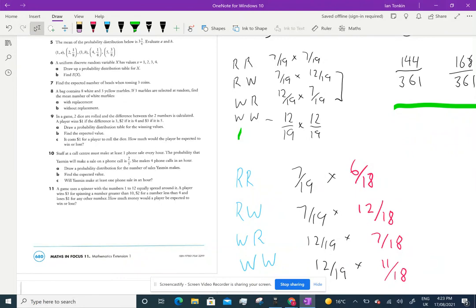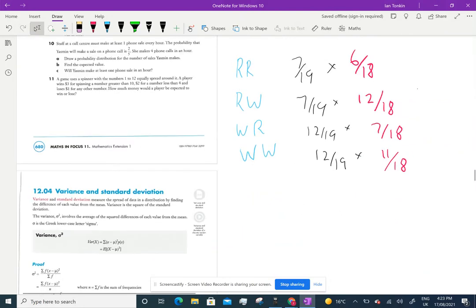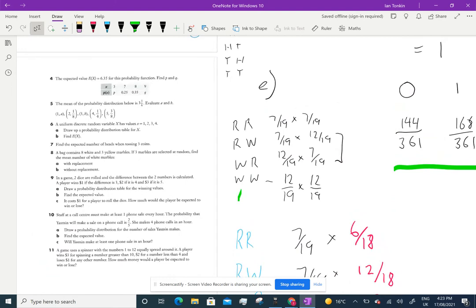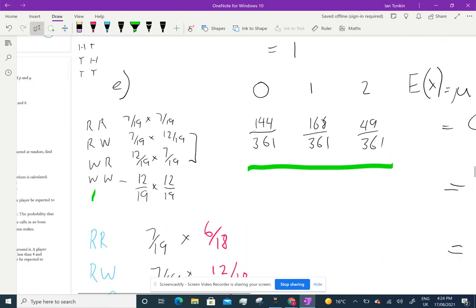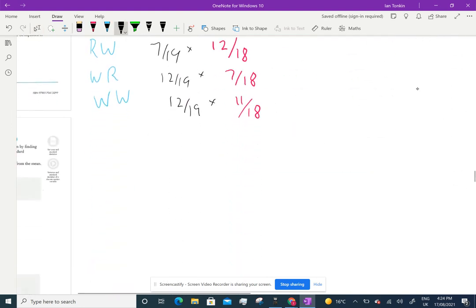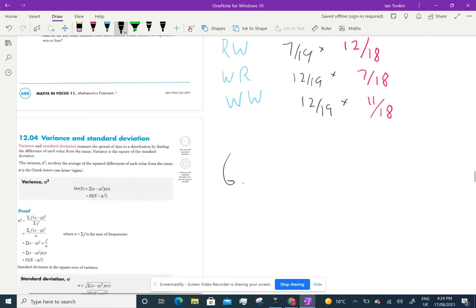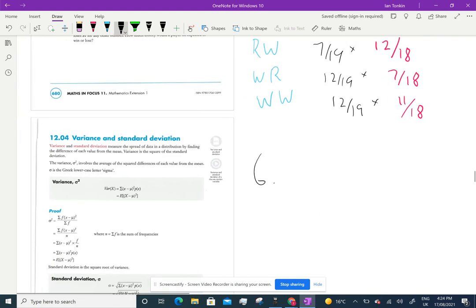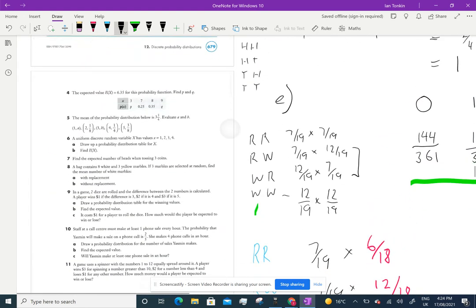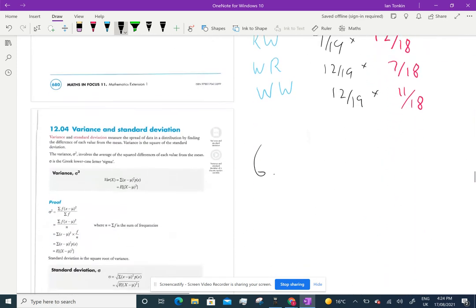Number 6, okay, it's just another nice easy one. It says it's a uniform discrete probability. So if I do number 6 down here, what have I got to get? I've got to get a 1, 2, 3 or 4, I'm pretty sure, and they've all got the same chance.